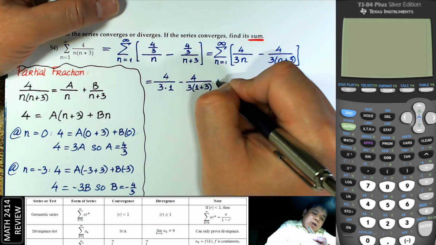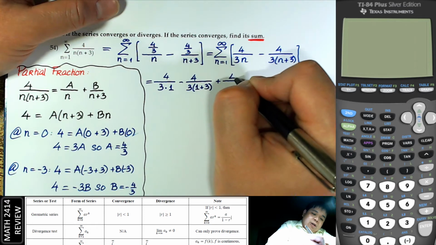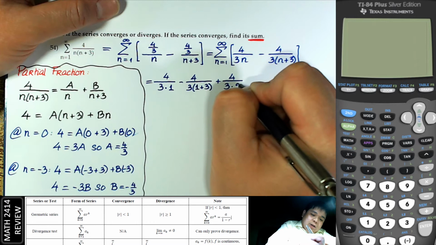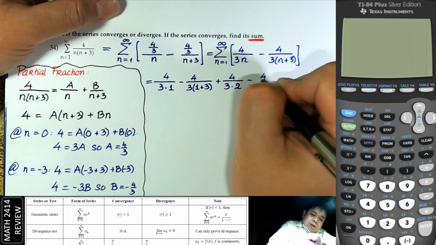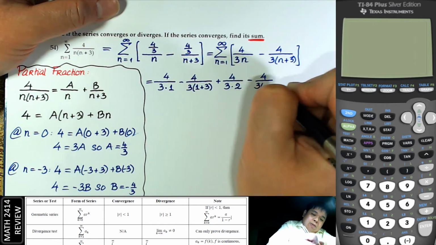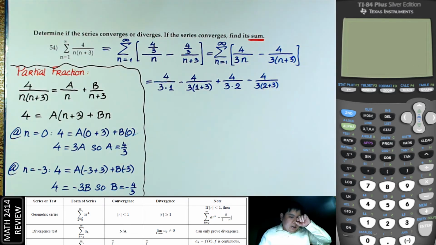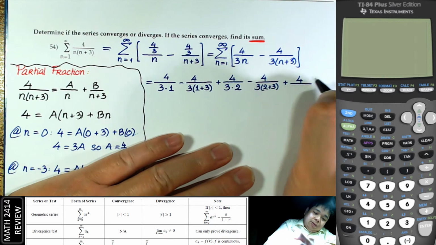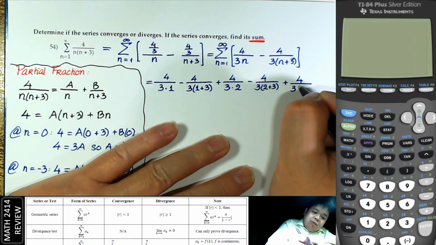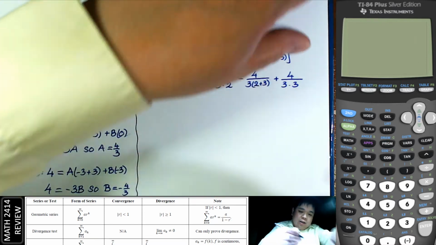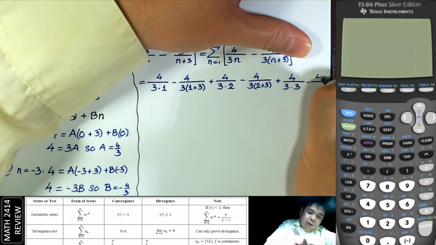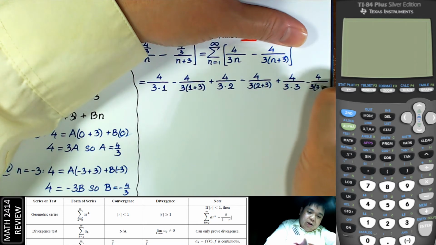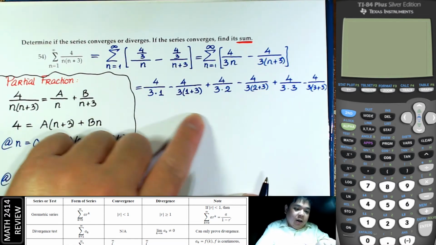Now for n equal to 2, 2 plus 3. Right, and we see there's nothing cancelling out yet, so we need a lot more terms. 3 times 3, and then minus 4 over 3 times 3 plus 3. Again, none of them cancel out yet.